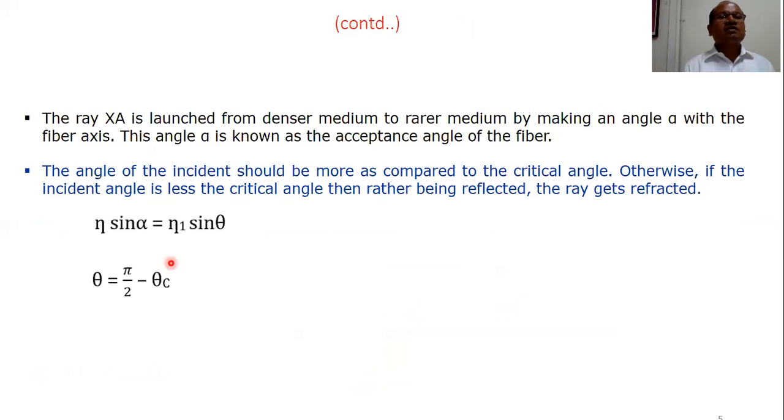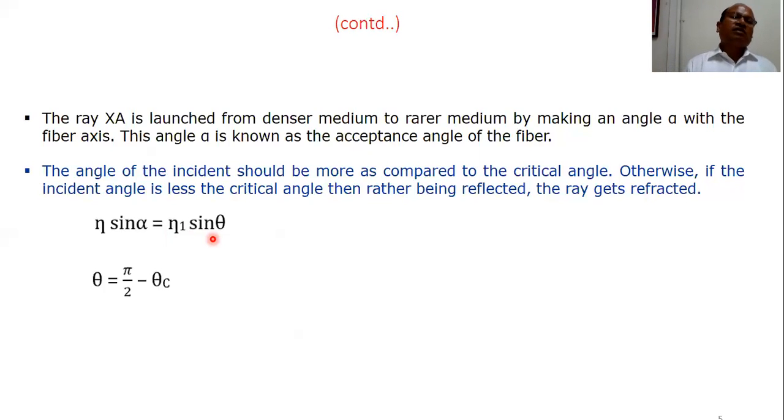In this case, the refractive indices are n and n1 respectively, and the angles outside and inside the material are alpha and theta respectively. So using Snell's law, we can write n sine alpha is equal to n1 sine theta.